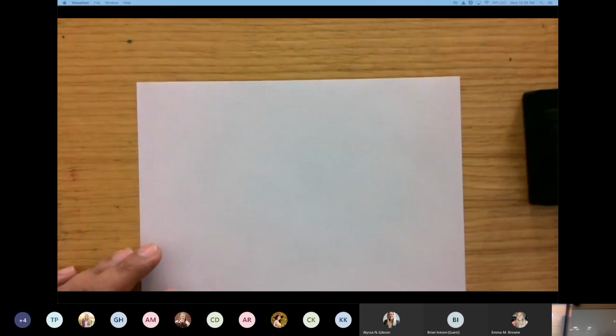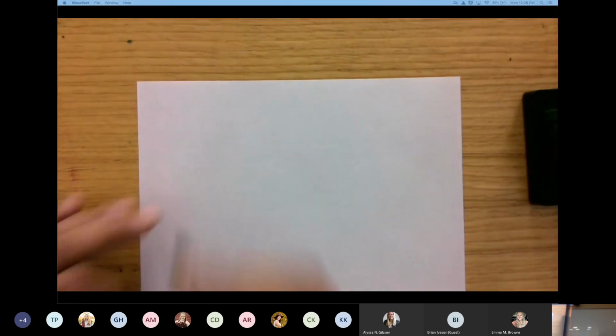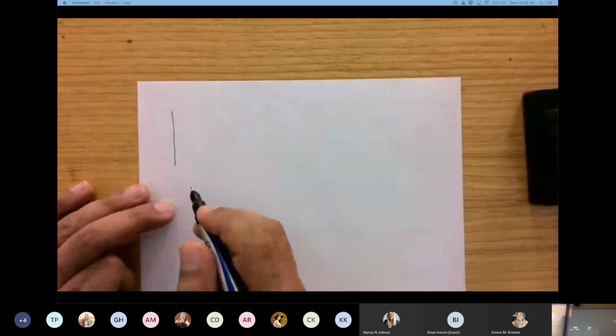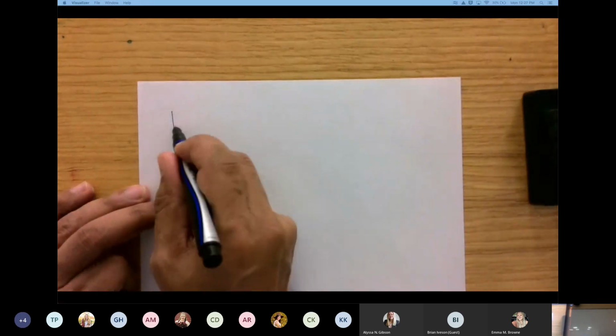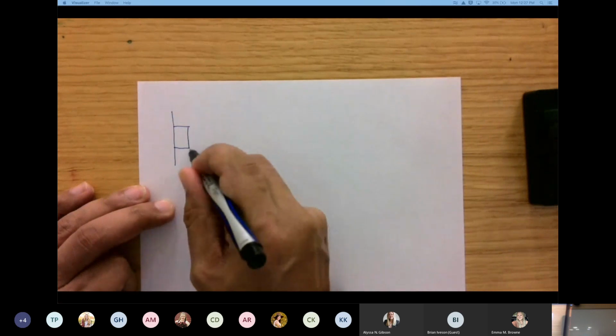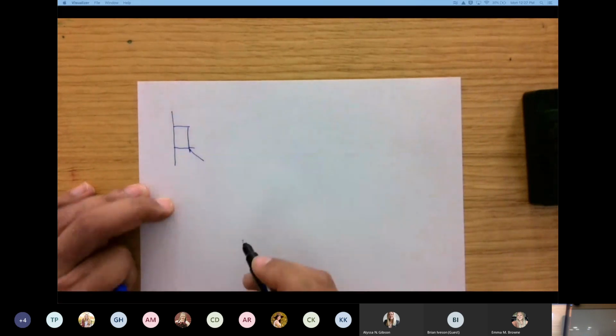So let's do a little exercise. You have a wall and you have a book, and you hold the book with your hand from the bottom.